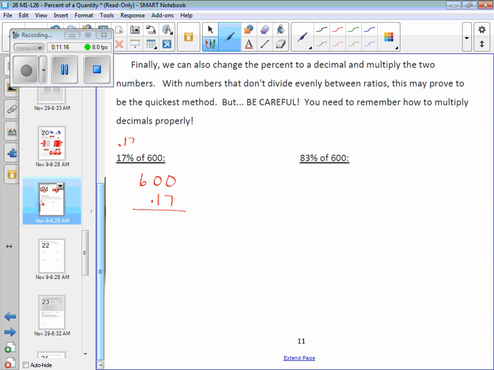7 times 0. 7 times 0. 7 times 6. Okay. 1 times 0. 1 times 0 again. 1 times 6. Now don't forget, how do I know how many places to move the decimal?